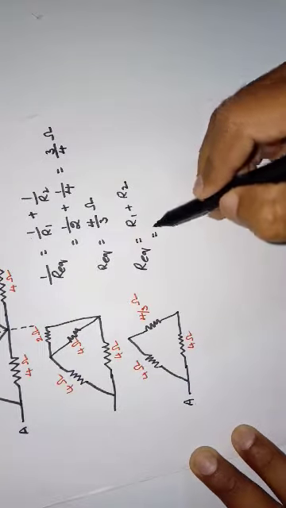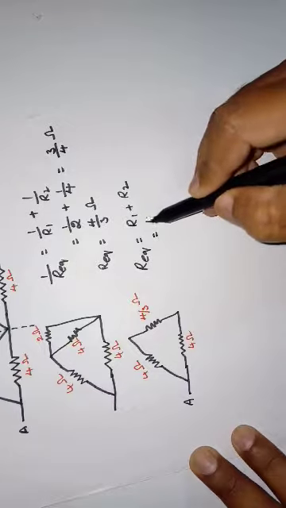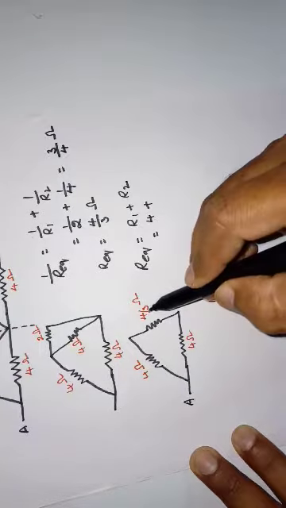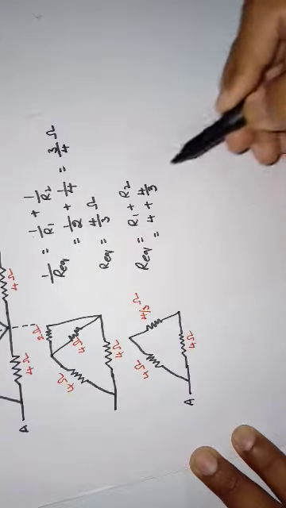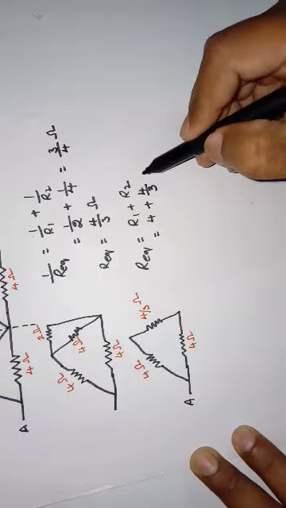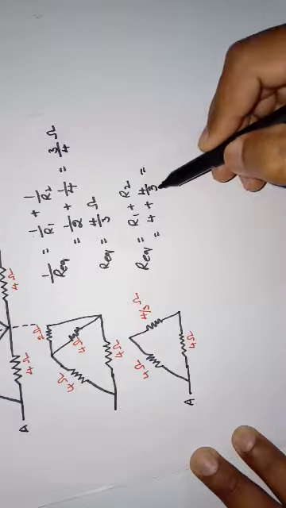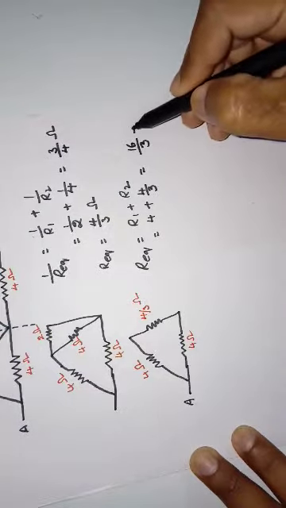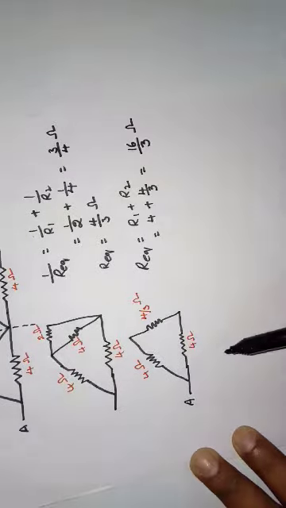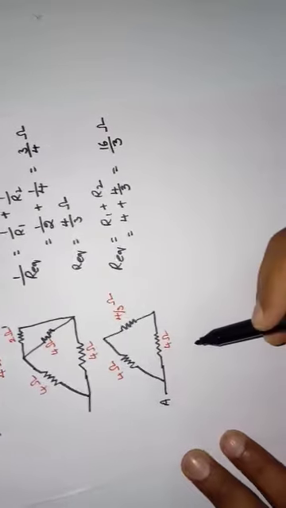So if we substitute the values, here we have 4 ohms plus another resistor of 4 by 3 ohms. If you simplify this, we get 16 by 3 ohms. And now the circuit again changes like this.